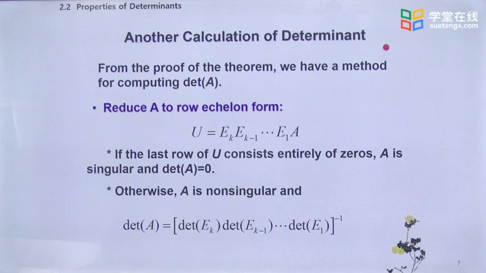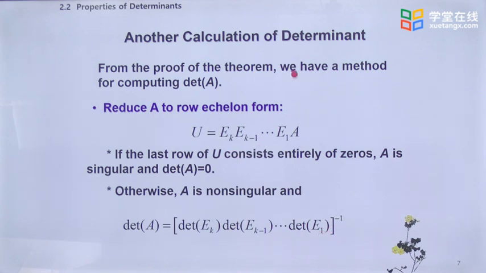And since A is singular, by the theorem we know the determinant of A equals 0. Otherwise, A is non-singular, and we know that determinant of A equals determinant of E_k times determinant of E_{k-1} till determinant of E_1 inverse.